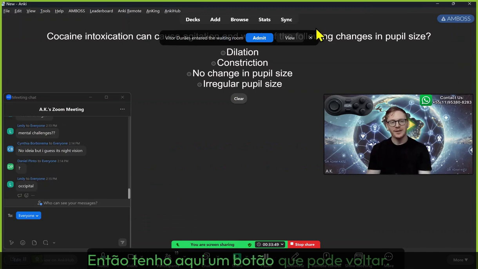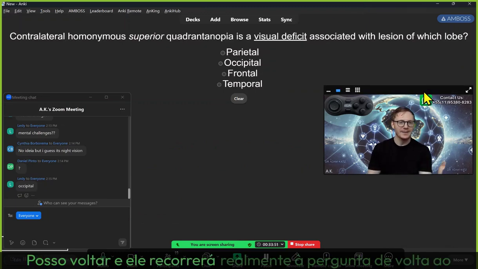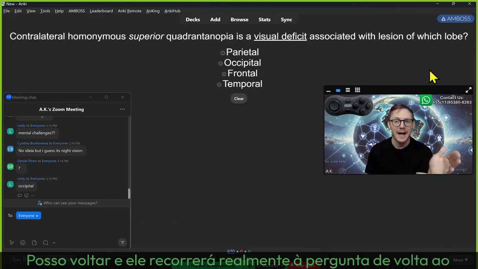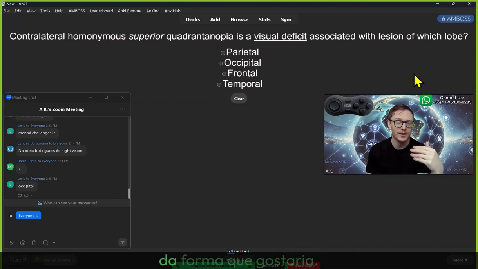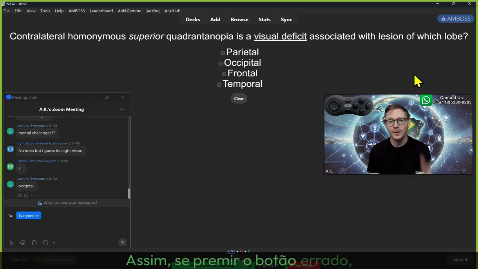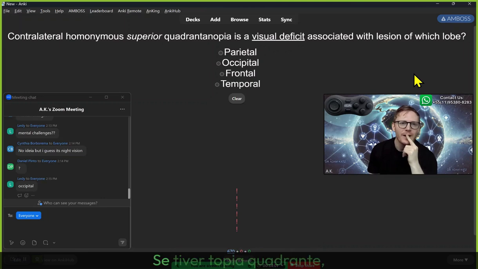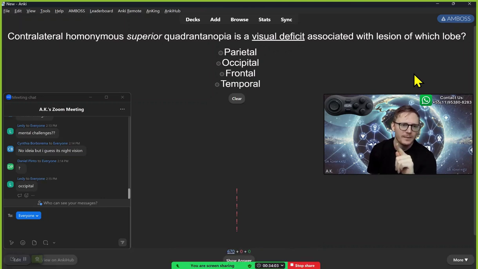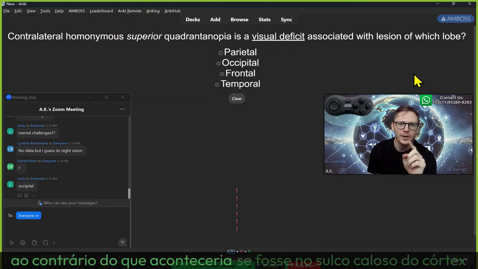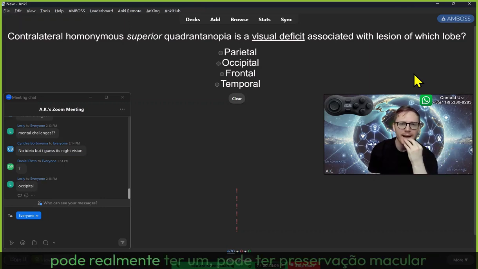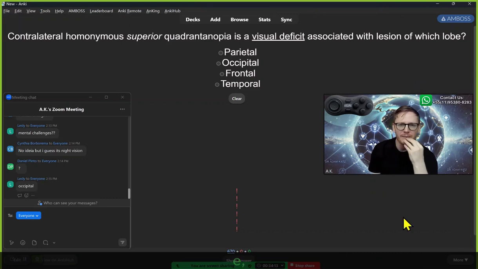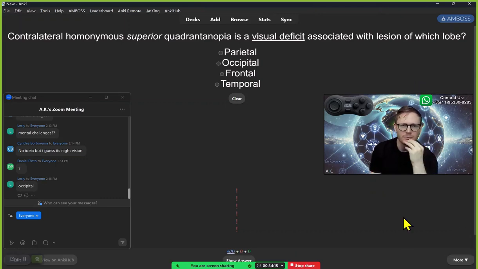So I have a button here that I can go backwards. I can go back and it'll actually resort the question back to the deck that it should be until you answer it in the way that you'd like. So if you hit the wrong button, you can go back. So the answer it says is temporal if you're going to have quadrantanopia, as opposed to if it were in the calcarine sulcus of the visual cortex, you might have macular sparing and just have a global.